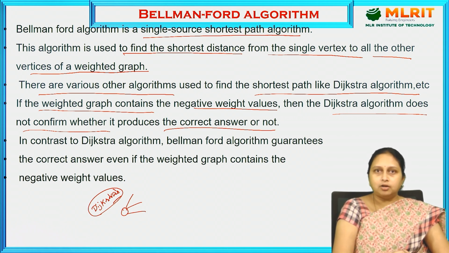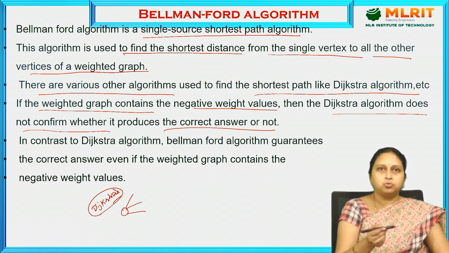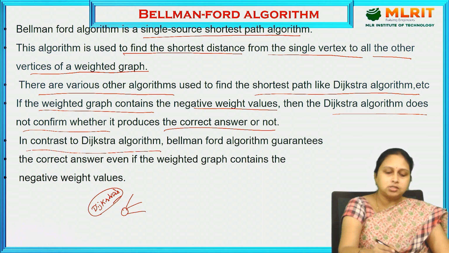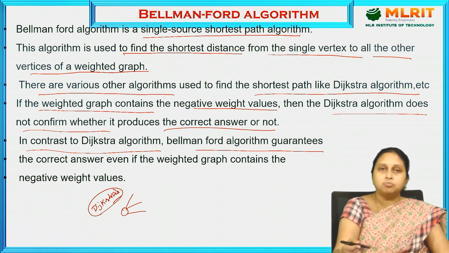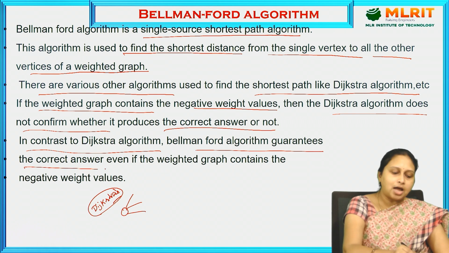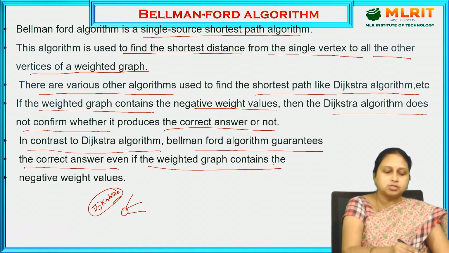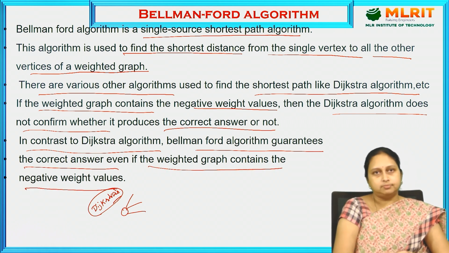So for that, we move to the Bellman-Ford algorithm. In contrast to Dijkstra's algorithm, Bellman-Ford guarantees the correct answer even if the weighted graph contains negative weights. If a graph has negative weights, we can go ahead with the Bellman-Ford algorithm, and that may give you the correct result.